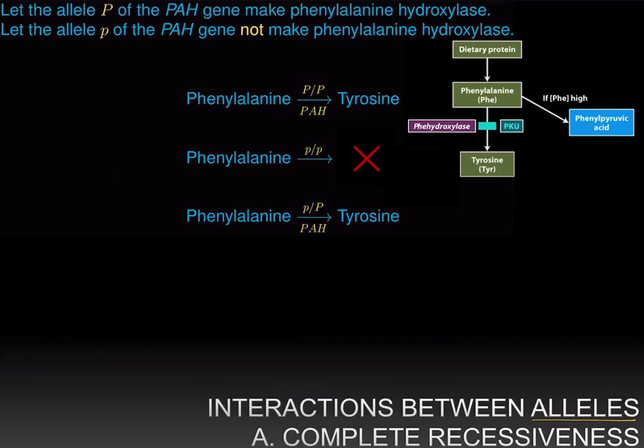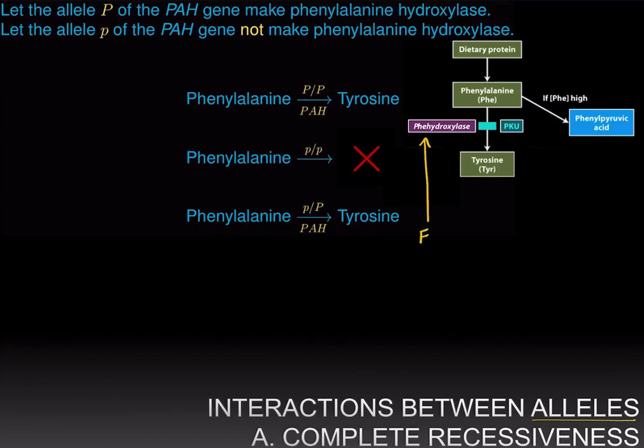We can understand this with the example of a disease called phenylketonuria, or PKU. In normal or wild-type individuals, phenylalanine is extracted from dietary protein. This phenylalanine is converted into tyrosine by an enzyme called phenylalanine hydroxylase.